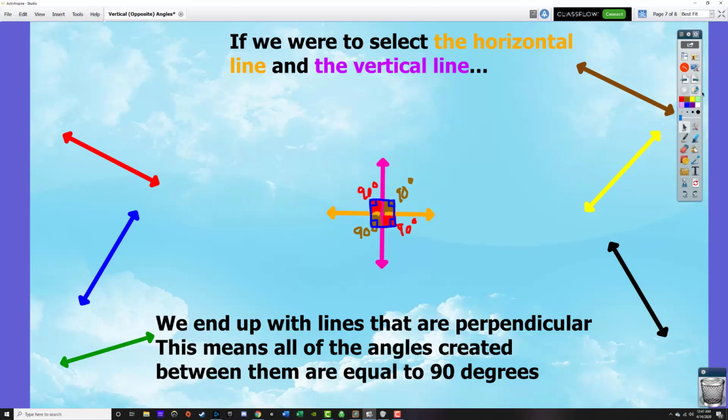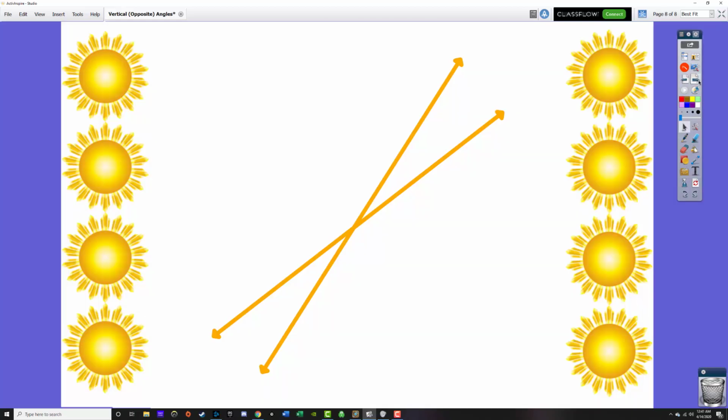All right, so let's go ahead and do a quick example problem. We'll call this example number 1. I'm going to tell you that this angle right here is equal to 100 degrees, and I want you to tell me what angle Z right here is equal to.